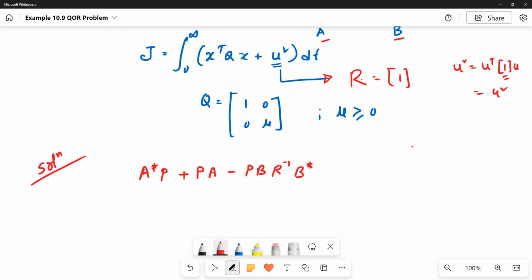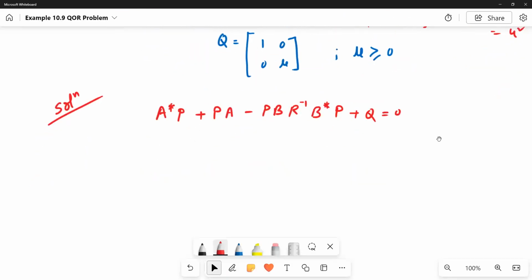Star is actually a complex conjugate. So for a real matrix, it is same as transpose. So as we have explained in the last class, then we have P, and then we have Q equal to 0. So now we have our A matrix. A matrix is simply 0.